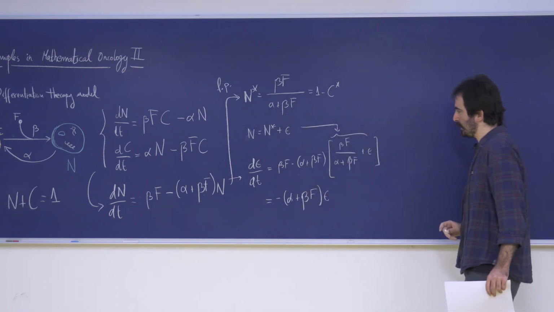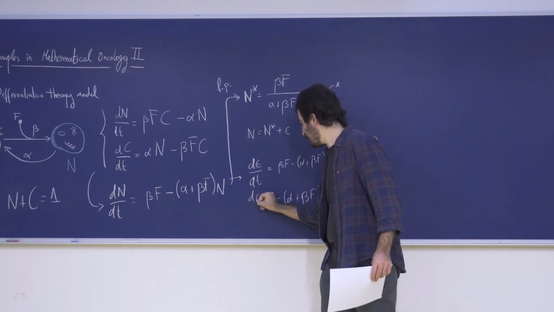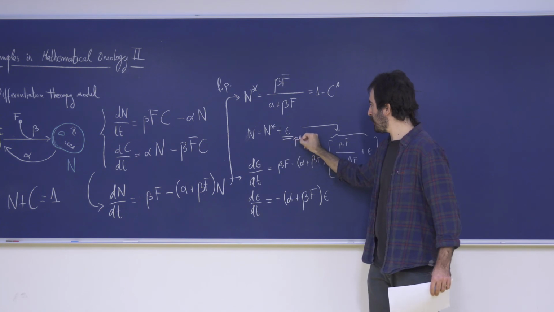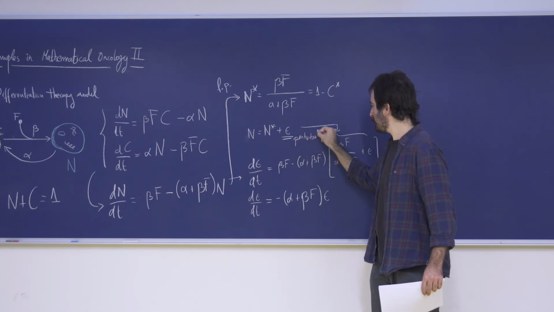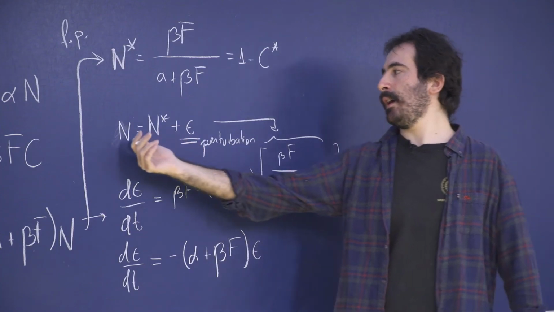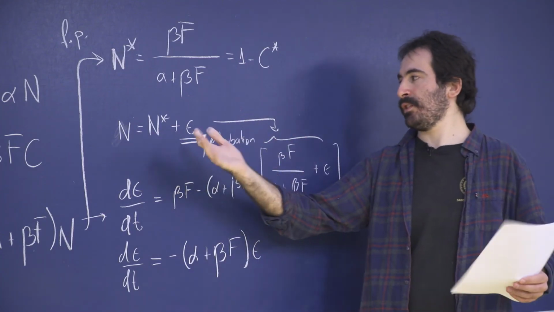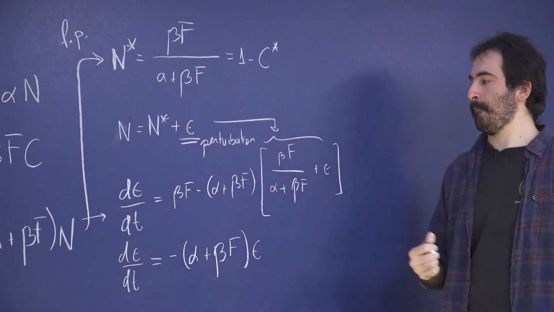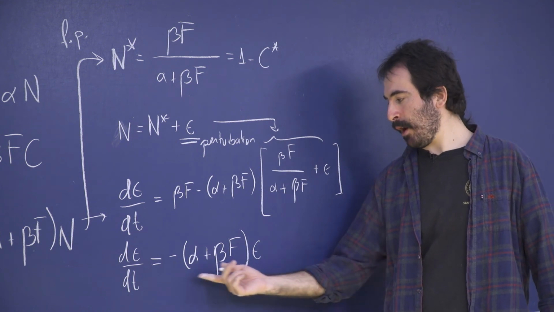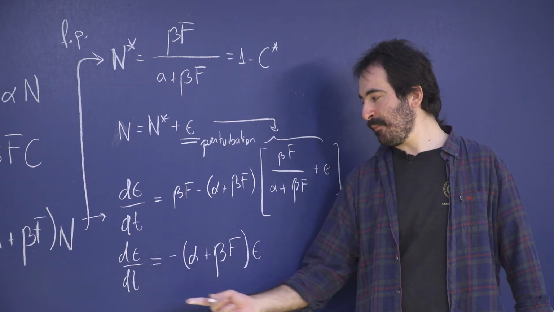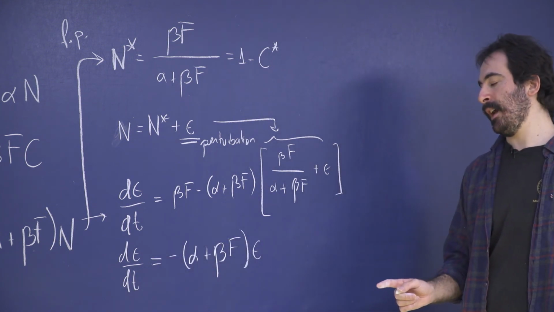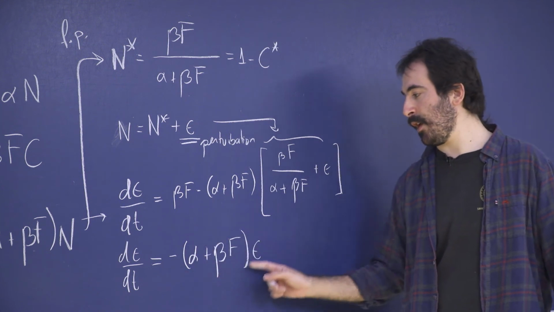Great. So basically I now have an equation, let's write this again, for this perturbation. We have perturbed the variable n around its equilibrium point, and what we see here is that this perturbation is actually solved by an exponential function with decay rate alpha plus beta f.